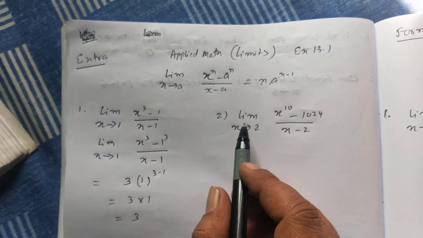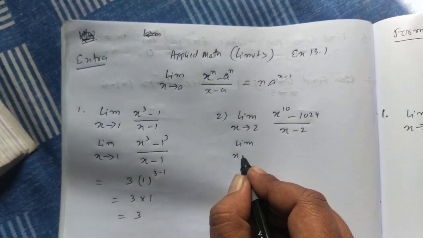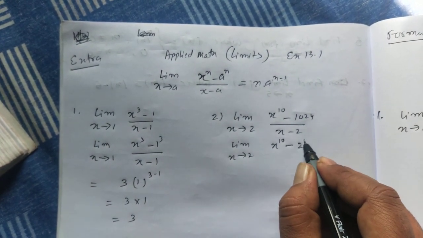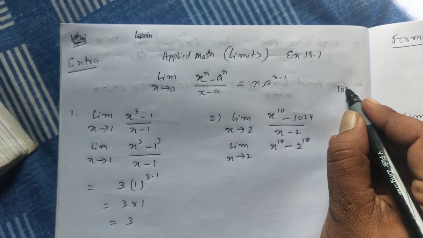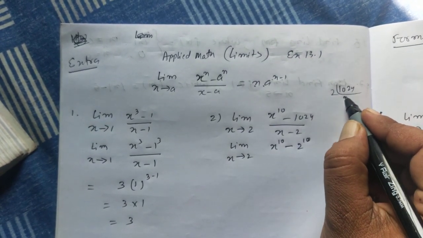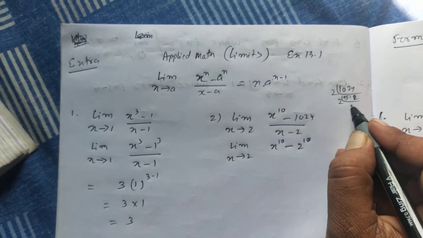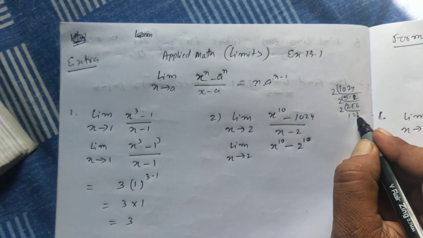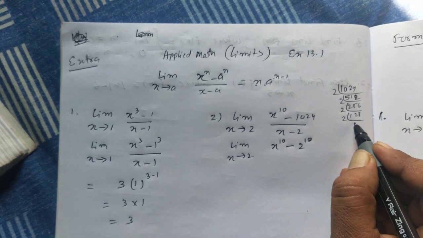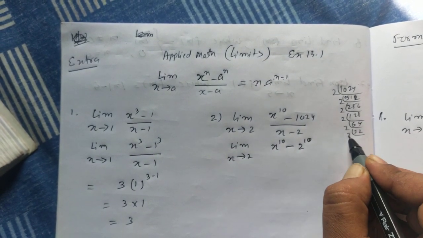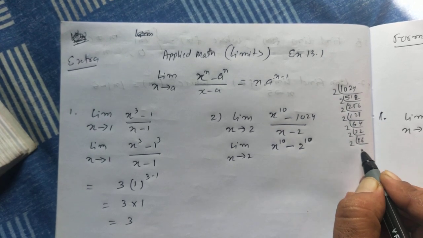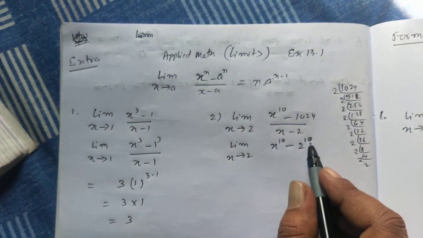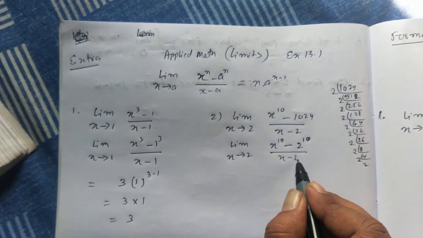Okay, similarly here, limit x tends to 2, that means I have to make a power of 2, so it will be 2 power 10. If you keep doubling, you will get 2 power 10, which is 1024. 2 power 10 by x minus 2.